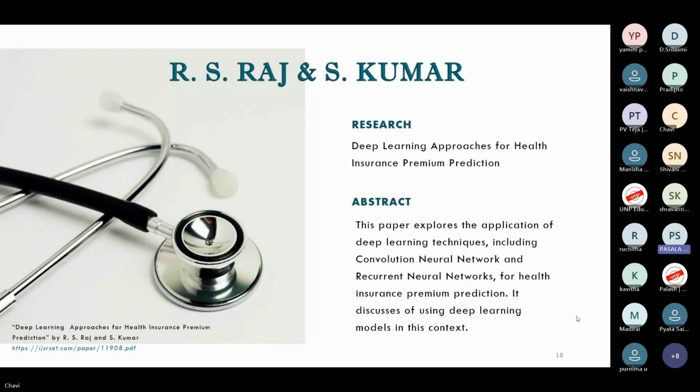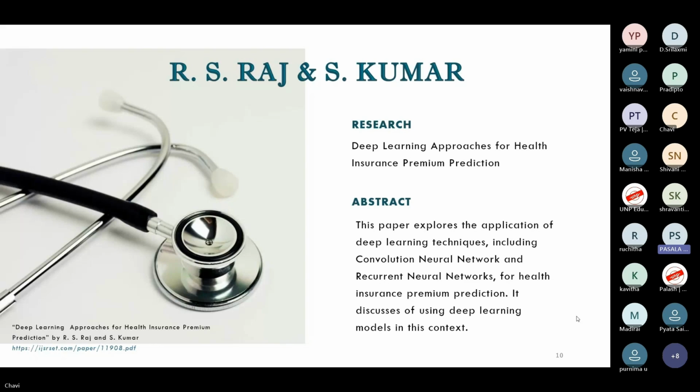Second, R.S. Raj and S. Kumar research. They have done the research on deep learning approaches for health insurance premium prediction. And this is an abstract of them. So this paper explores the application of deep learning techniques, which includes convolution neural networks and recurrent neural networks for health insurance premium prediction.